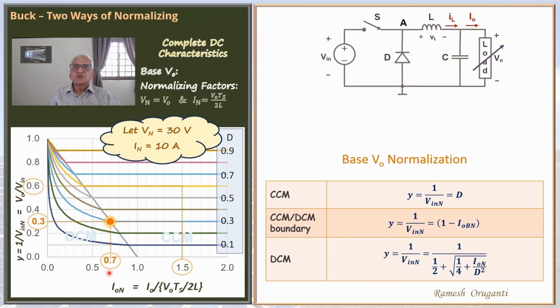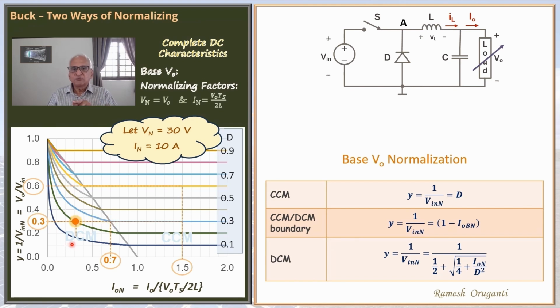Now let us reduce the output current still further. Remember, we are keeping the output voltage constant. We are now not changing the input voltage also. We are only changing the output current. So the operating point will move horizontally leftwards deeper into DCM. We will show that here.